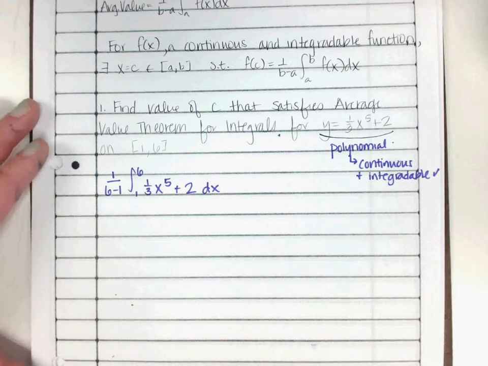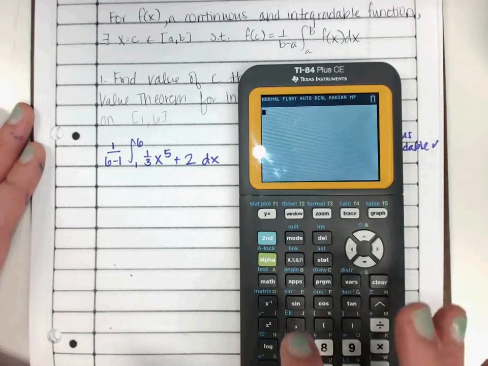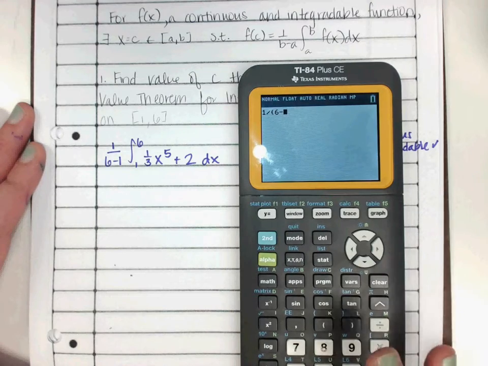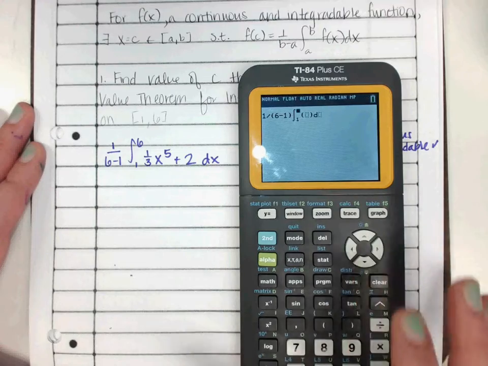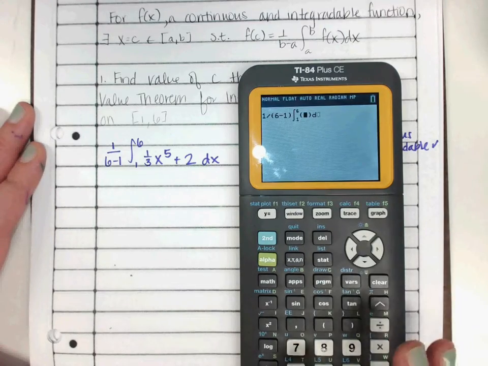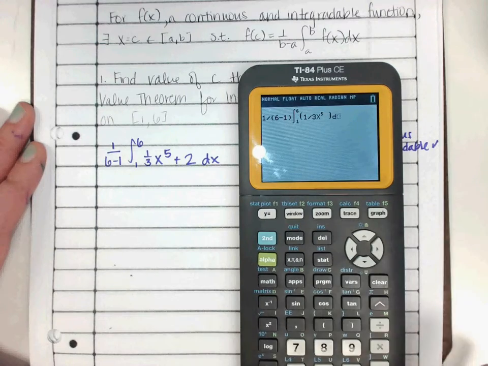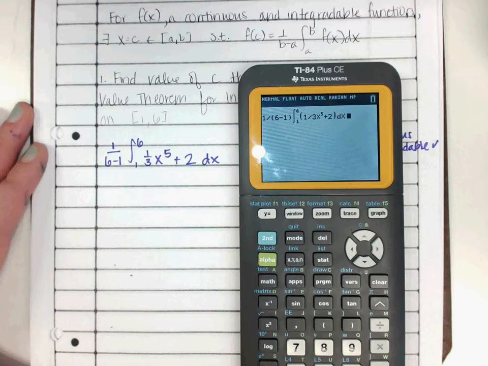Now, like I said, I'm just doing it in here. So I would do 1 divided by 6 minus 1, then math 9, 1 to 6, and then my function is 1/3 x to the 5 plus 2 dx. Everybody good with that? We already know how to type that in.